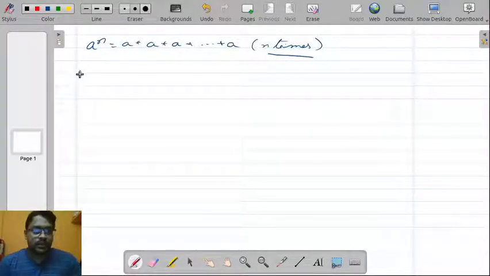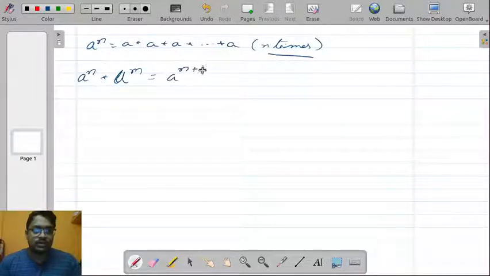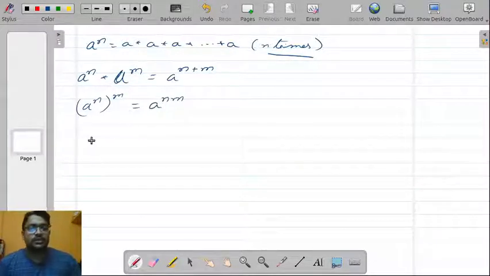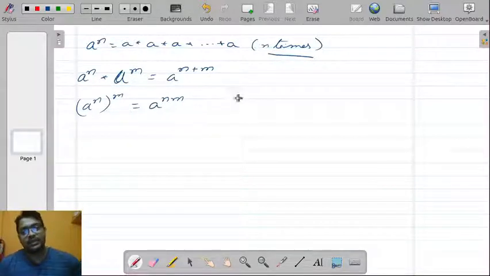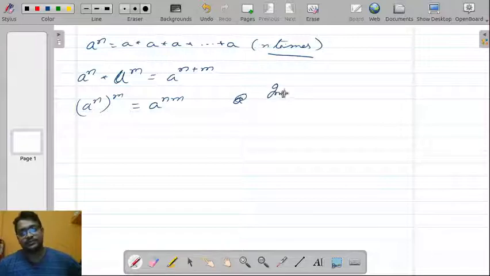Next we have seen that a to the power n star with a to the power m is the same as a to the power n plus m. This follows from the associative property. And a to the power n whole to the power m is the same as a to the power n into m.